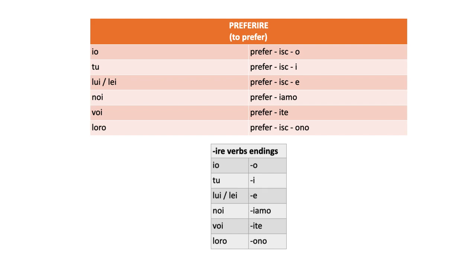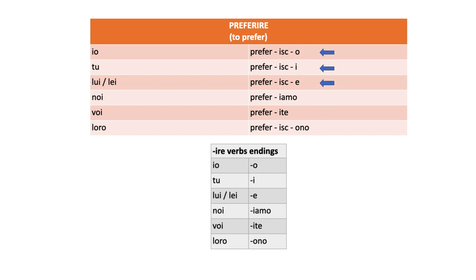Well, look at the table carefully. In the io form, we insert isk, right? It's not prefero, it's preferisco. In the tu form, we also insert it. It's not preferi, it's preferisci. In the lui and lei form, there's isk as well.